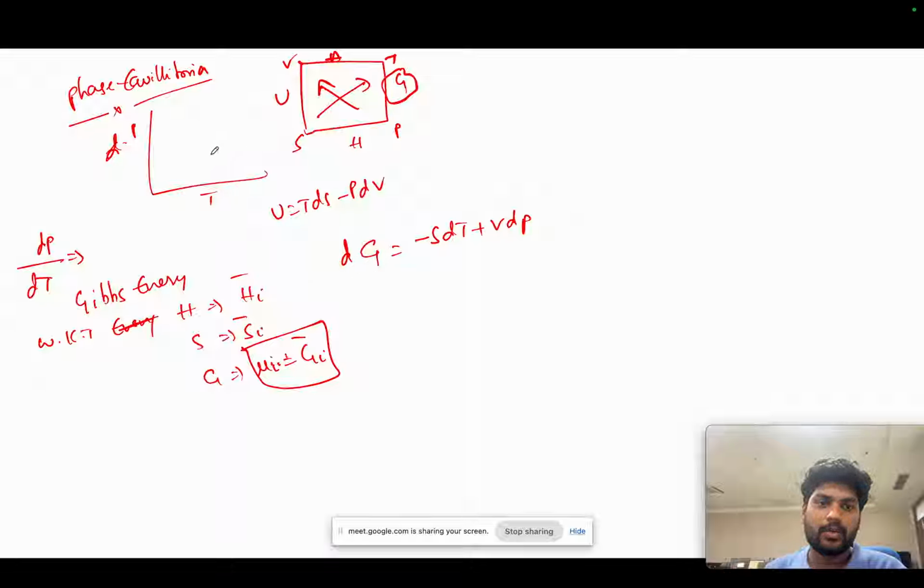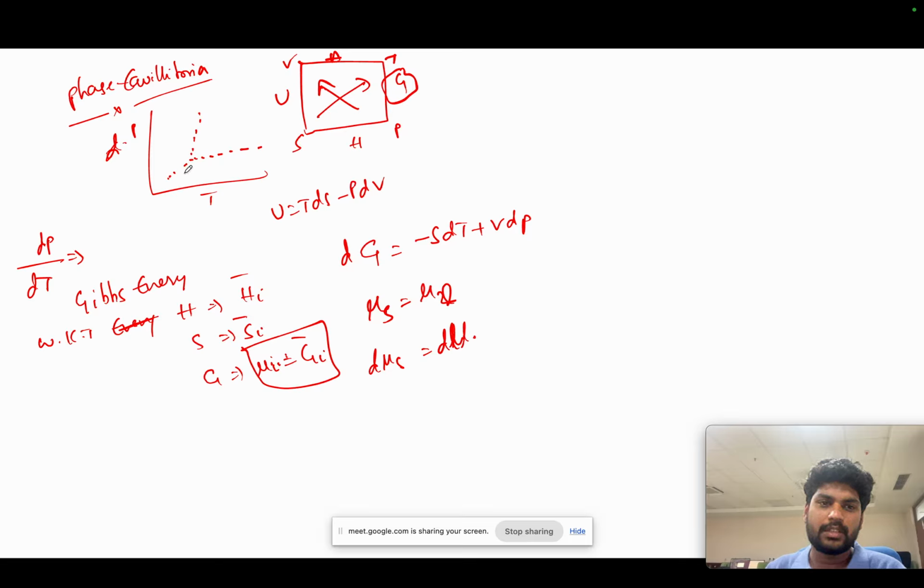I am dealing with the coexistence curve. On the coexistence curve, mu1 equal to mu2, solid is equal to liquid. So it means d mu solid will be equal to d mu liquid.